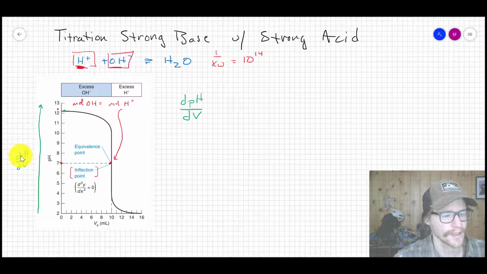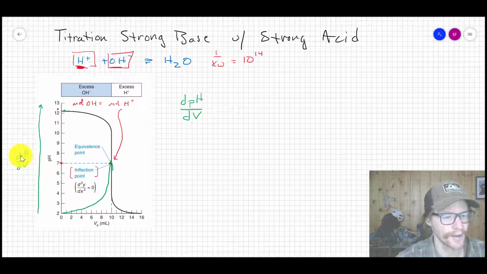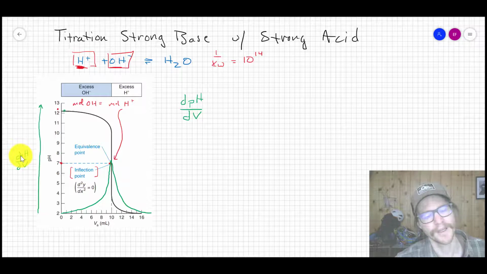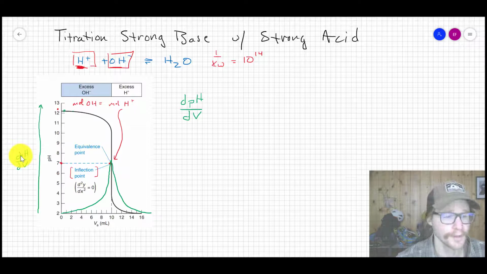And so what we'd expect is essentially 0, and then this slow increase, and then a rapid increase right where the inflection occurs. That's where the slope is highest, and then it's symmetrical about that, and so we start to see the slope, or dpH/dV, go back down. So that would be the slope, dpH/dV.